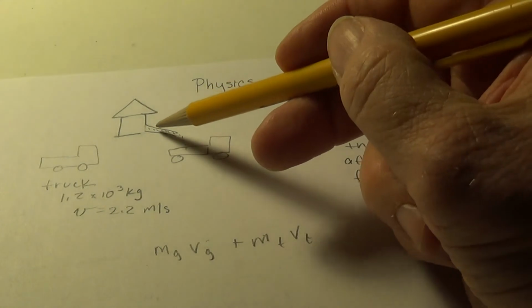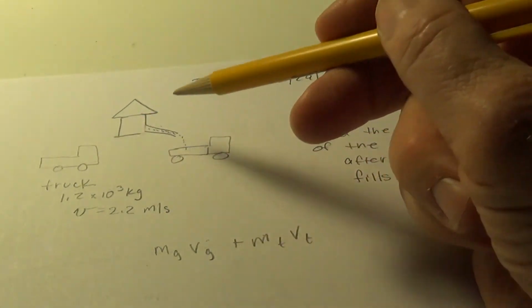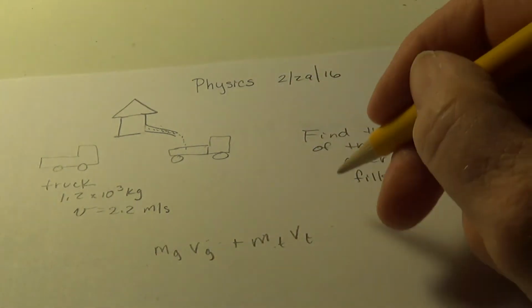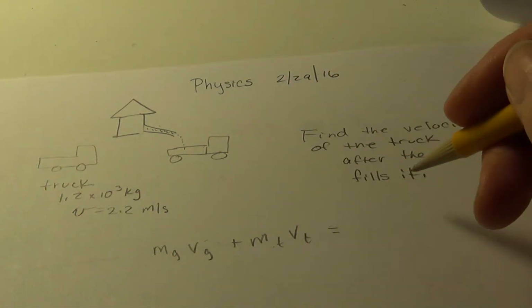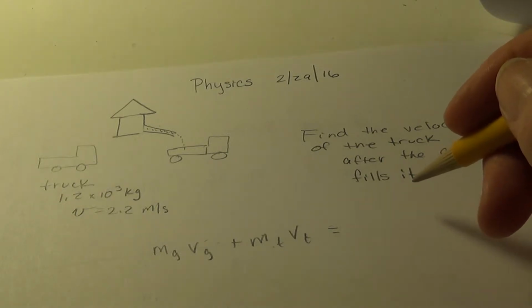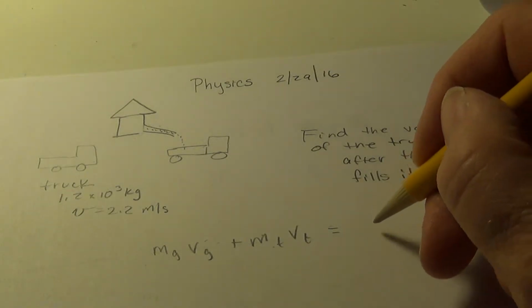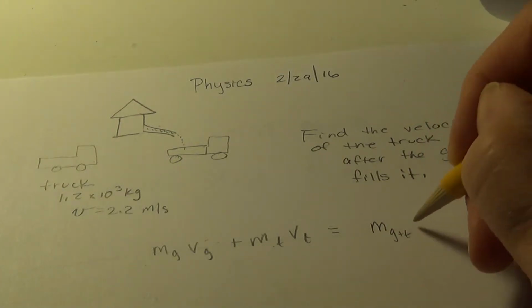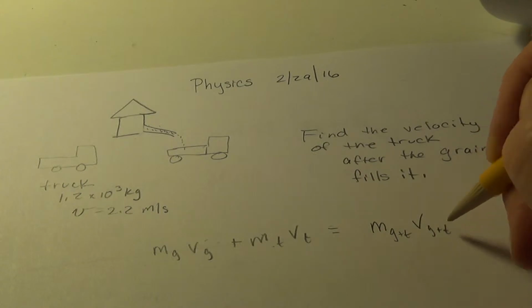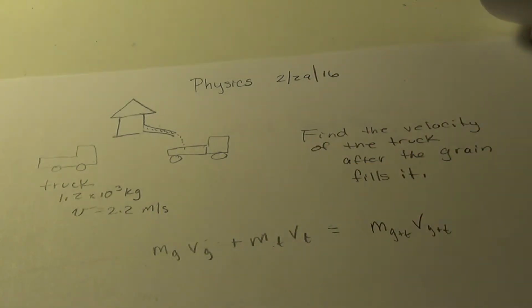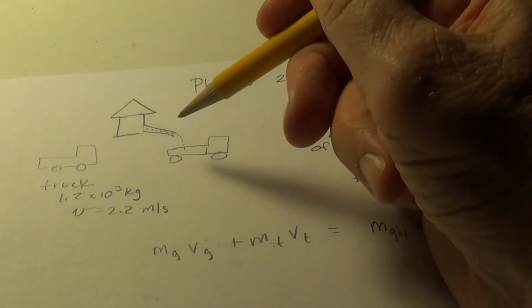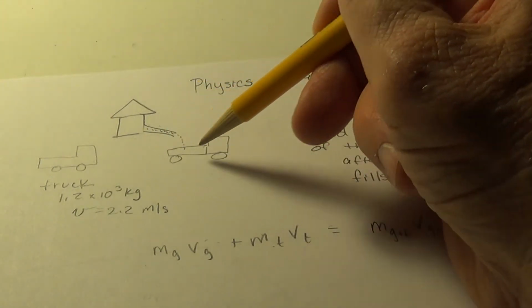So in the beginning, the grain and the truck are separate. So that's why there's two terms here. Then, after the event has occurred, the grain is in the truck. So we have the mass of the grain plus the truck and the velocity of the grain plus the truck. So we go from two terms to one. We believe that the conservation of momentum law applies because there's minimum friction and no forces outside of this system.